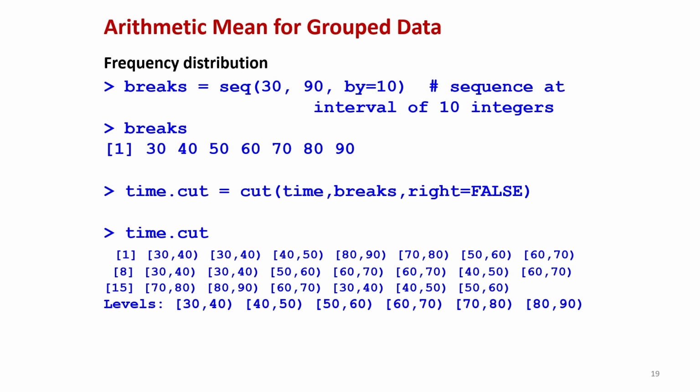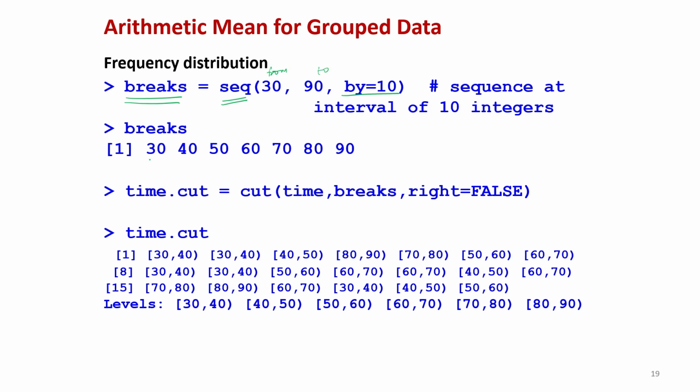So you can recall that we had defined a data vector breaks. Now we are trying to create class intervals of width 10. So I can create a sequence using the command seq from 30 to 90 by 10, that means the sequence at an interval of 10 integers.